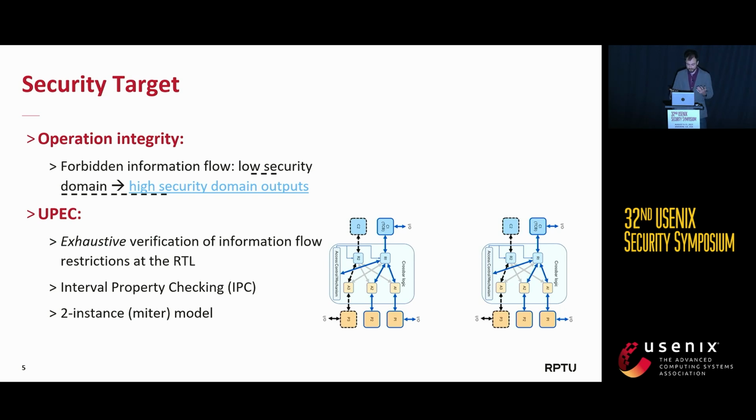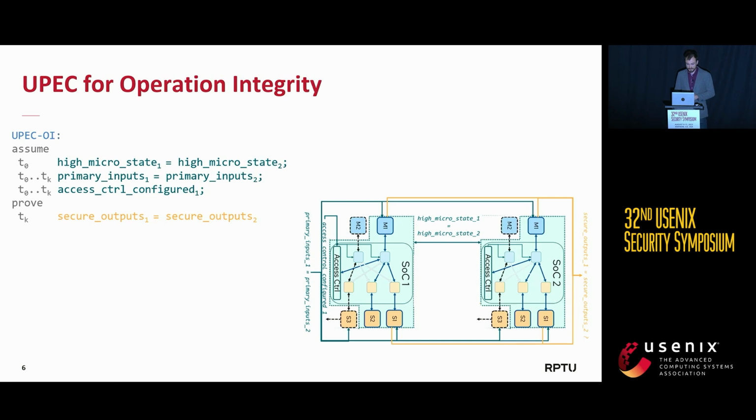For our case, for operation integrity, that would look something like this. The property's standard format is that of assumptions and commitments. The basic idea is: if the circuit fulfills the assumptions of the property, it also has to fulfill the commitments. Otherwise, the property fails. For UPEC for operation integrity, the assumptions look like this.